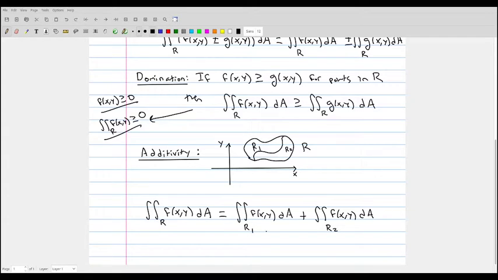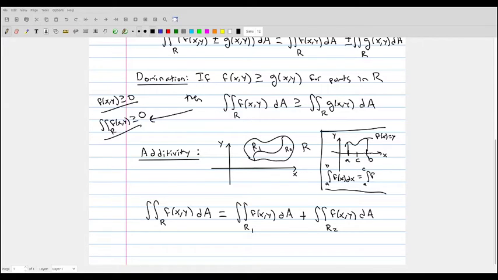This is analogous to how in 1D calculus, in single variable calculus, for any interval from a to b, if you split it up into two parts, or any number of parts really, and you integrate the function from a to b, the integral from a to b of the function is the integral from a to c of the function plus the integral from c to b of the function.